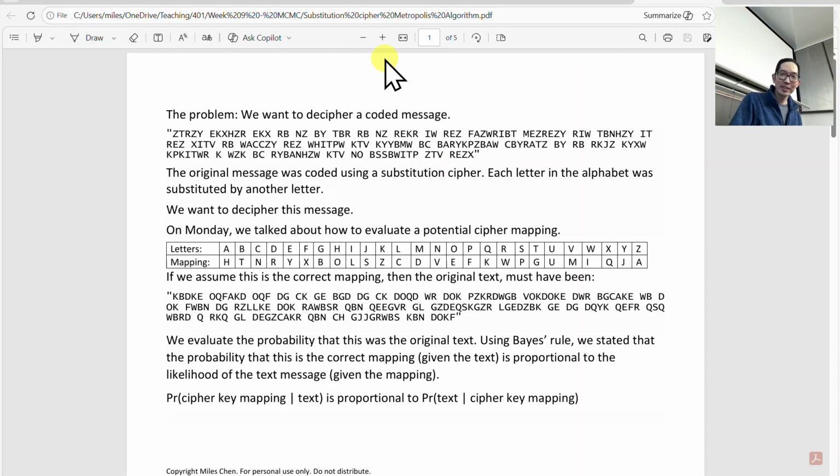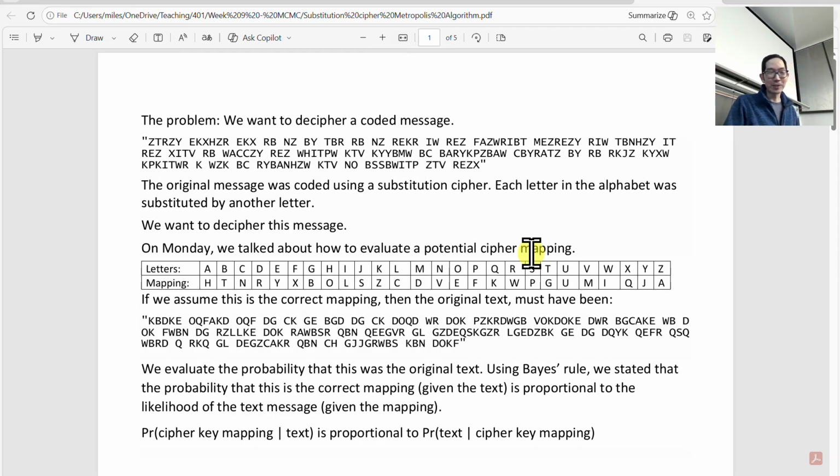So this is actually based off a real problem that happened in real life. So anyway, I guess there was a prison, and the inmates in the prison were sending messages to each other, and the prison guards were worried that they were planning something bad.